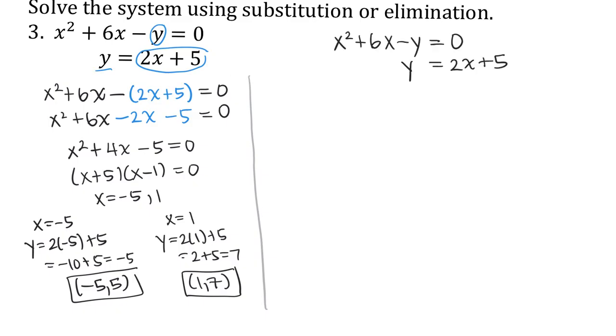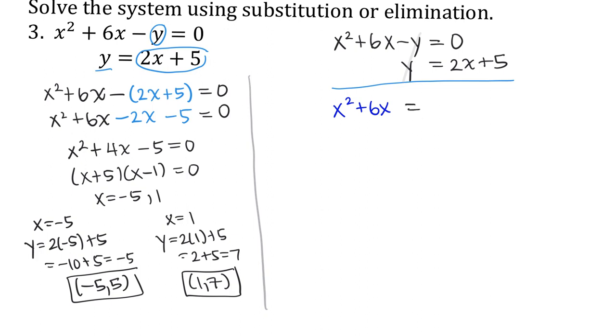Okay, now if you chose to do elimination, if you were staring at these equations and you were like, wait, maybe the y's do cancel. They do cancel. This is a negative y and a positive y. So I can add down even though everything's kind of discombobulated. If I do that, I get x squared plus 6x. The minus y and the positive y cancel. I lined up my equal signs.